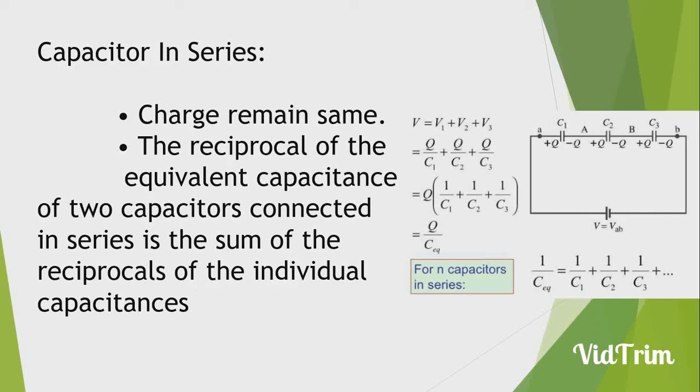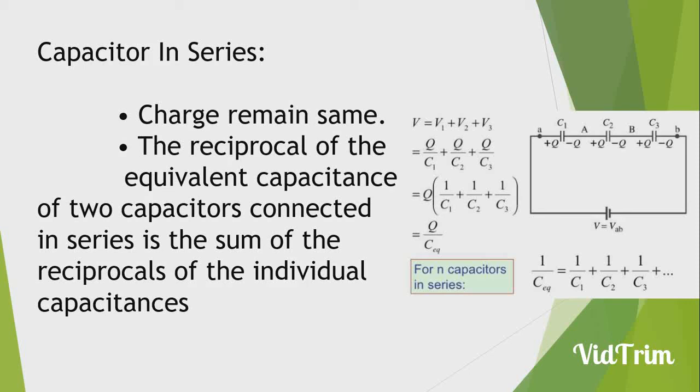Now there is a formula for finding C equivalent. In series capacitors the charge remains the same, but in parallel the voltage remains the same. So here charge remains the same, and the equivalent capacitance of capacitors connected in series is the sum of individual capacitances, which is reciprocal in nature.